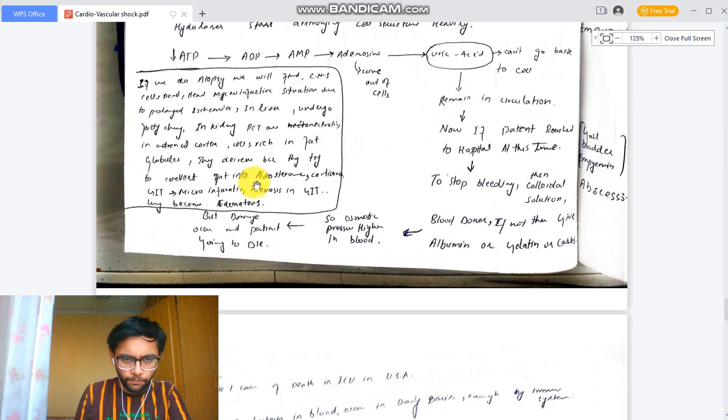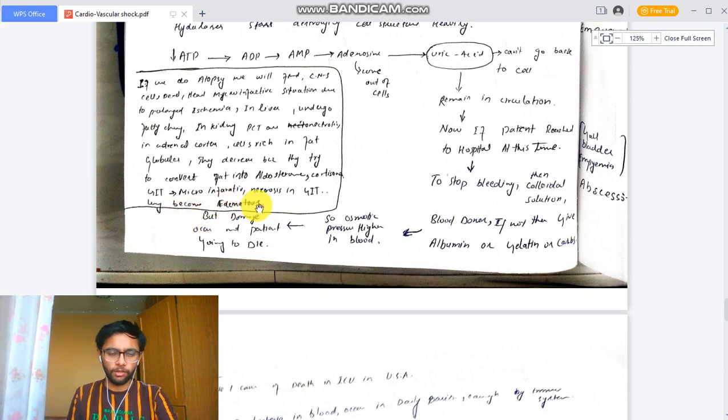In the GIT there is microinfarctive necrosis, and the lungs become edematous. So these are all the changes in the patient after dying.